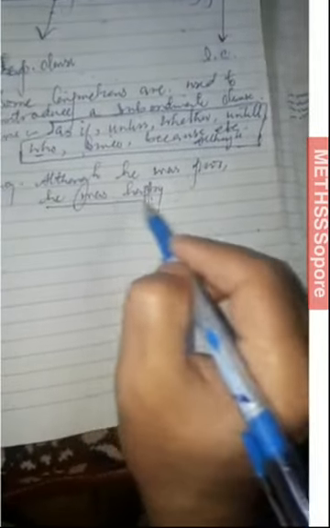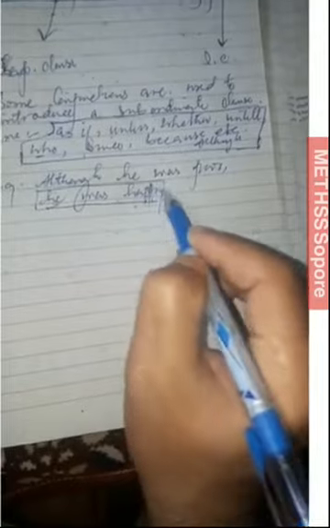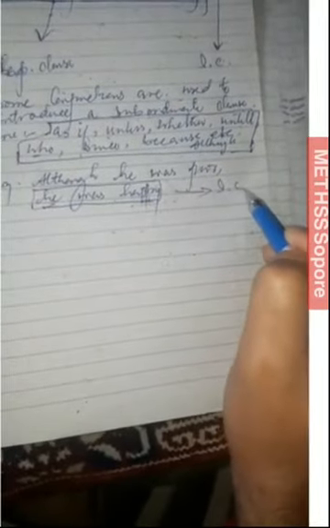He was happy is the independent clause. Although he was poor is the subordinate clause.